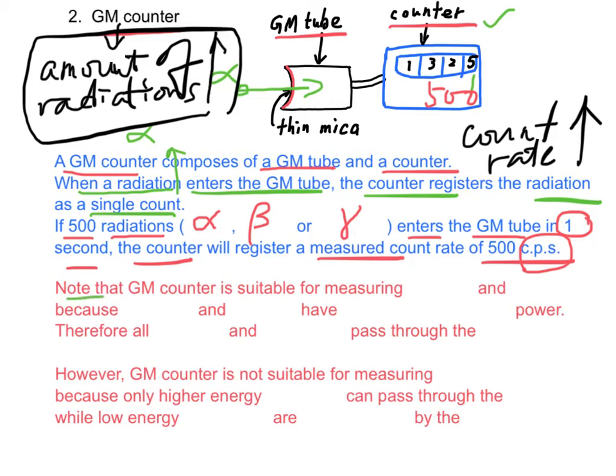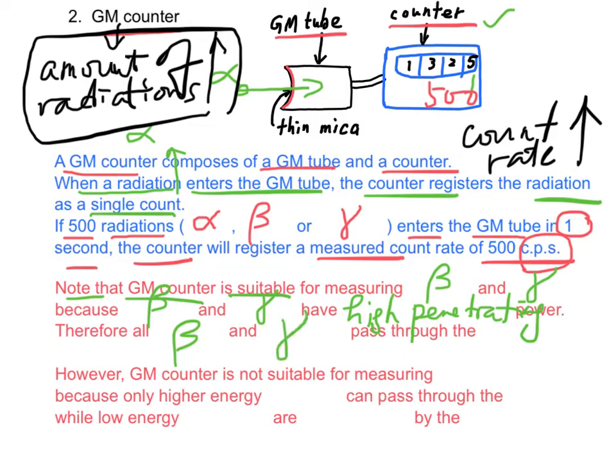Note that a GM counter is suitable for measuring beta and gamma rays because beta and gamma rays have high penetration power. Therefore, almost all the beta particles and gamma rays can pass through the thin mica and get into the GM tube.